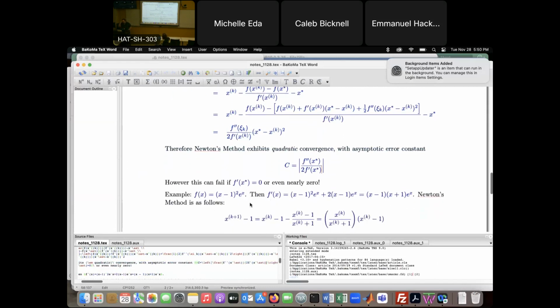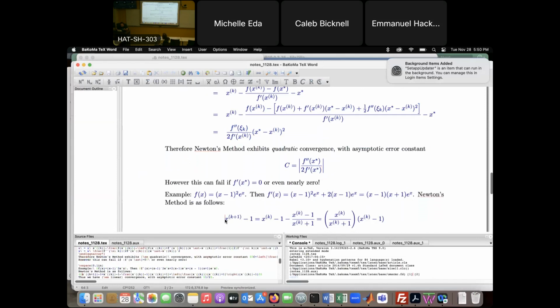So what Newton's method looks like in this particular instance, if I try to carry out a similar convergence analysis, I look at xk plus 1 minus the true root, minus 1, then after a lot of algebra, I end up with this: the error after k plus 1 iterations is equal to the error after k iterations, but only to the first power, times this fraction.